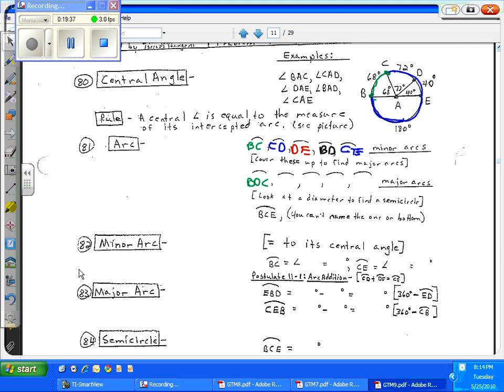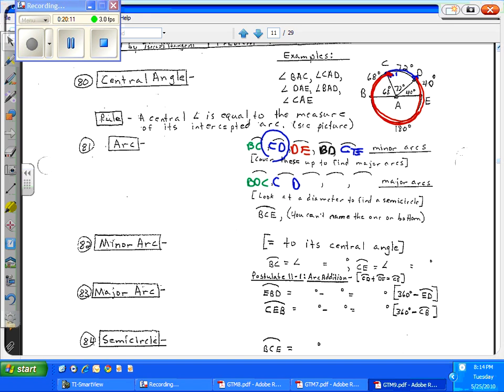Now, if there is a minor arc from C to D, that means there's got to be a major arc from C to D. Well, how do you find it? Well, you go from C to D the long way around. Instead of going from C to D the short way, you go from C to D the long way, and you just grab one of the other points that you run into as you go along there.